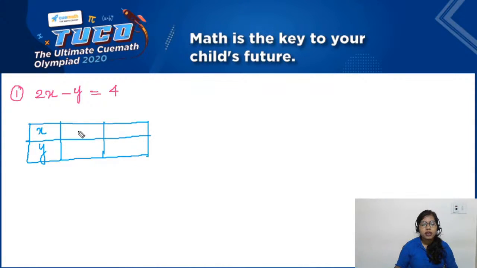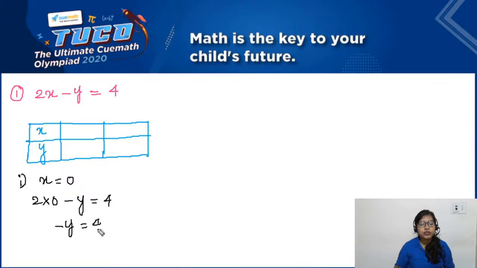The first thing we are going to do is assume the value of x to be 0, and calculate the value of y. When we put x as 0, 2 times 0 minus y is equal to 4. So minus y is 4, so y is equal to minus 4. So for x equal to 0, my value of y was minus 4.